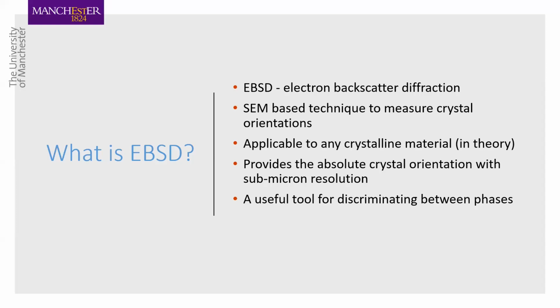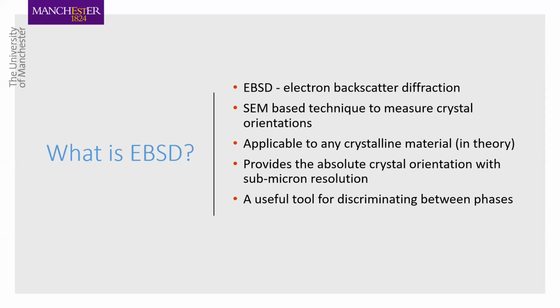So to start off, I just want to give a brief background about EBSD, which stands for Electron Backscatter Diffraction. It's an SEM-based technique to measure crystal orientations, and it's applicable to crystalline materials in theory, because you can sort of deduce something about amorphous materials, which are not crystalline.